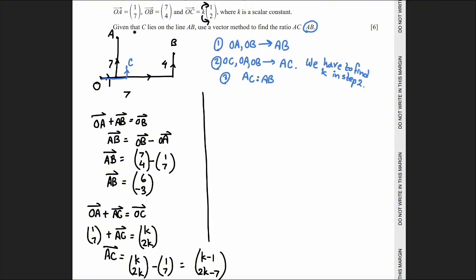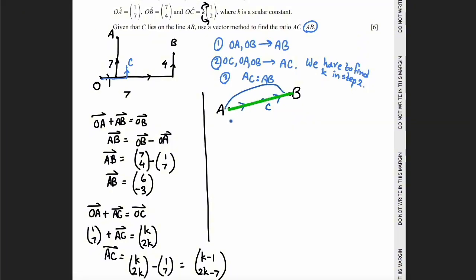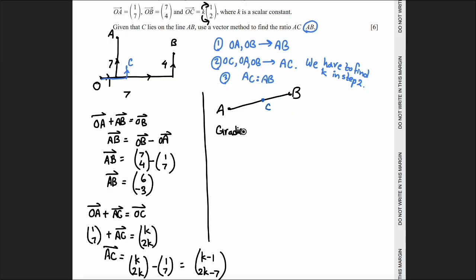Now, given that C lies on the line AB, meaning this is the line AB, and C lies somewhere over here. Now, if we take a look at this, the gradient of AC is the same as the gradient of AB, because all of them are collinear. So let's try to find the gradient of each of these.